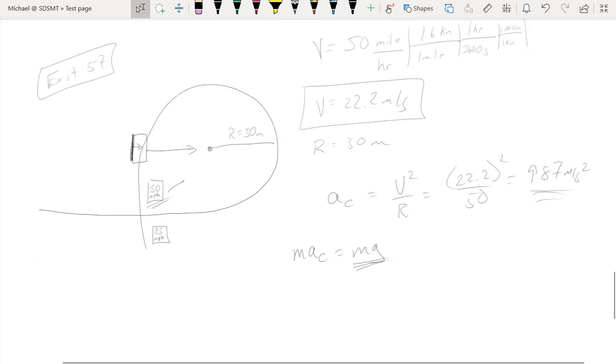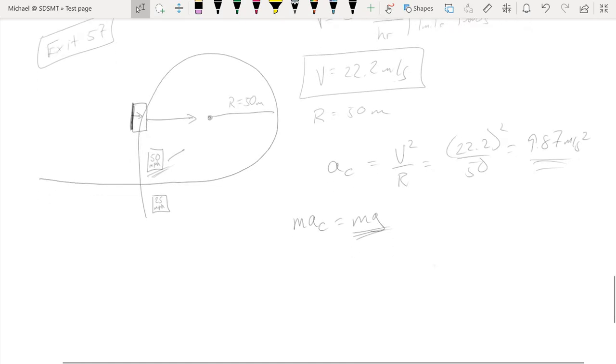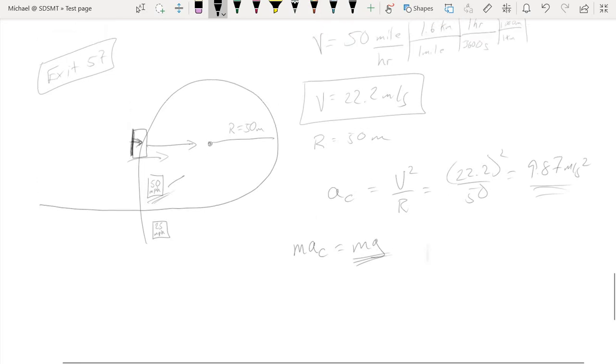And that can be kind of dangerous because if you're constantly pressed up against the door, you could run the risk of the door popping open, and that could be bad. But this also implies that the only way that your car can continue to push you towards the center of that circle is if there's a force pushing the car towards the center of the circle.